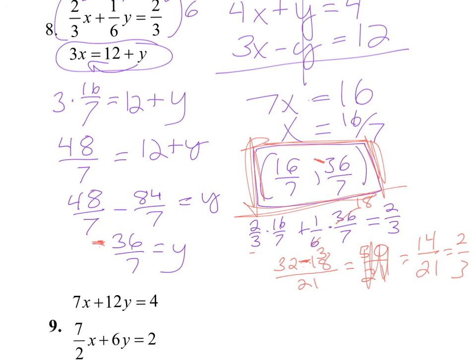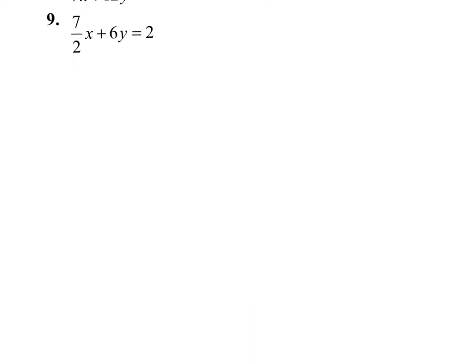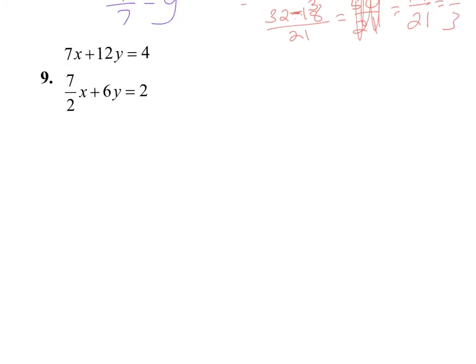All right, now we're going to move on to 9. And it looks like that's going to be the end of it. Okay. All right, so let's do number 9. 7x plus 12y. And we're going to get rid of our fraction by multiplying through by 2.